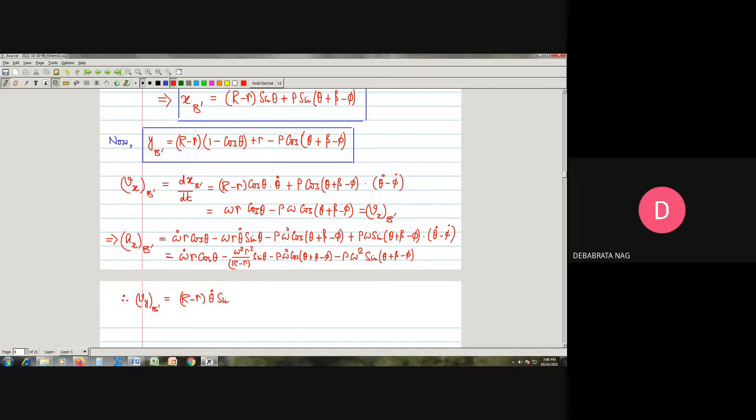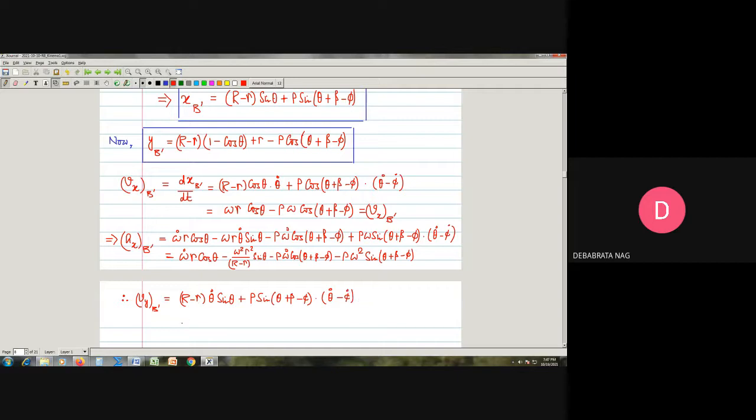This will become plus sine theta. This r will not be there definitely, so it will become plus rho into sine of theta plus beta minus phi, again into theta dot minus phi dot. So that is the thing.